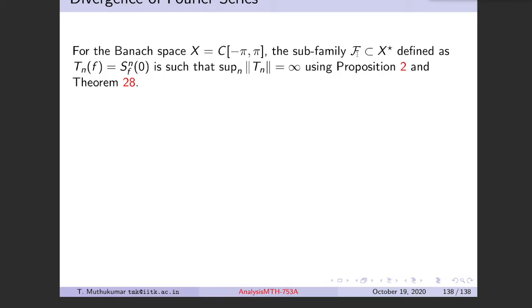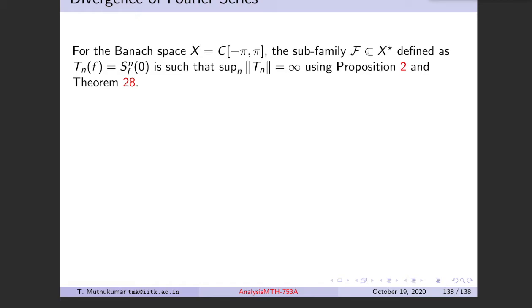Now you consider this subcollection of functions in X star. What is X star? X star is the continuous dual. So X star is the set of all continuous linear functionals on X, right?